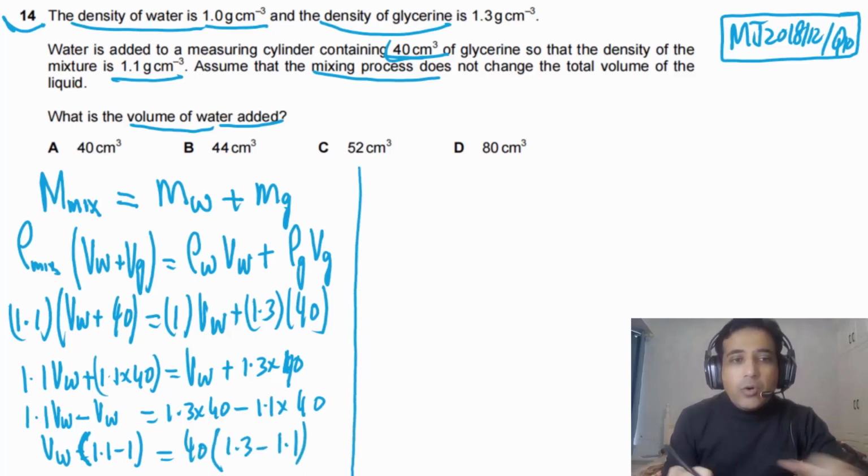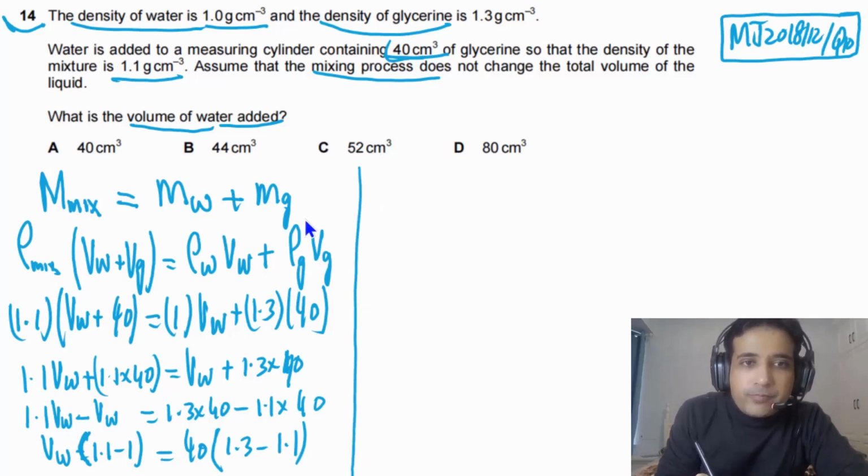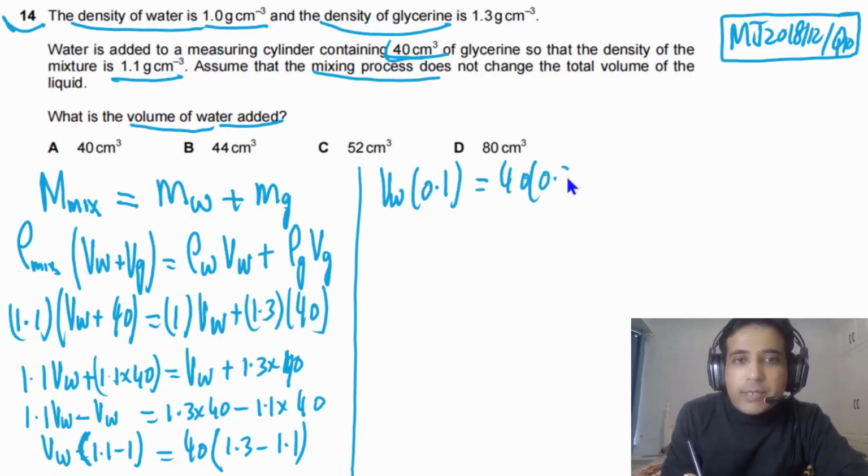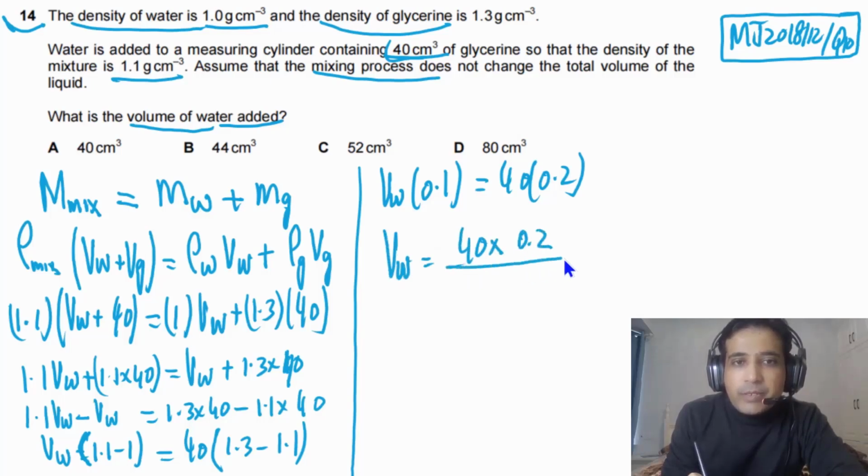From the left side we have VW times 0.1, and from the right side we have 40 multiplied by 0.2. So VW in this case is simply 40 times 0.2 divided by 0.1. If we cancel here, this is 2, so 40 times 2 is simply equal to 80.